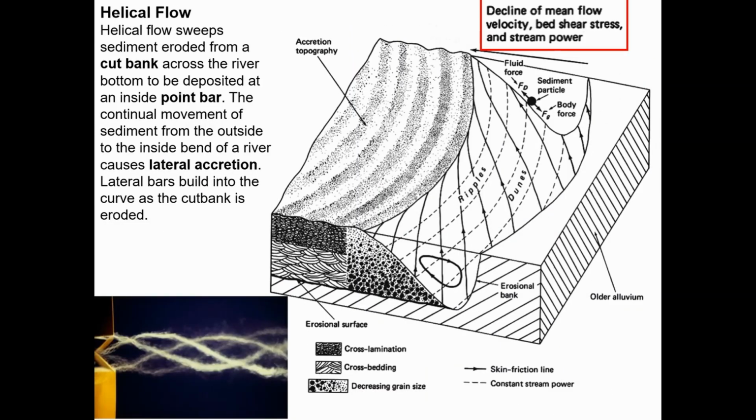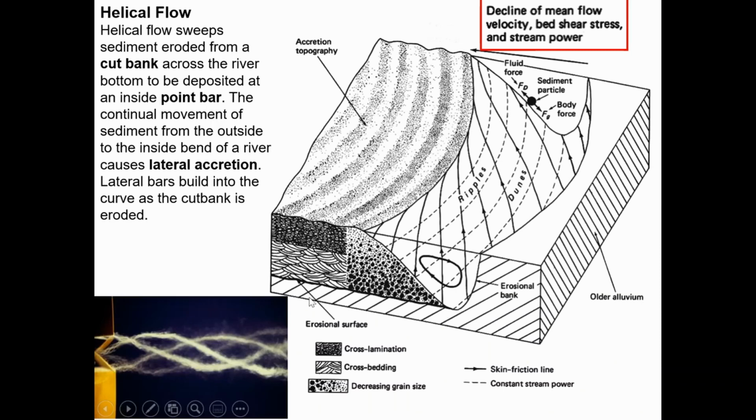This is also another picture showing how helical flow makes the sediments erode on this side and deposit on this side of the channel. So you can see, if you look at the depositional structures within the point bar deposit, then it is trough cross bedding here, and then if you look at here, this represents the grain size.